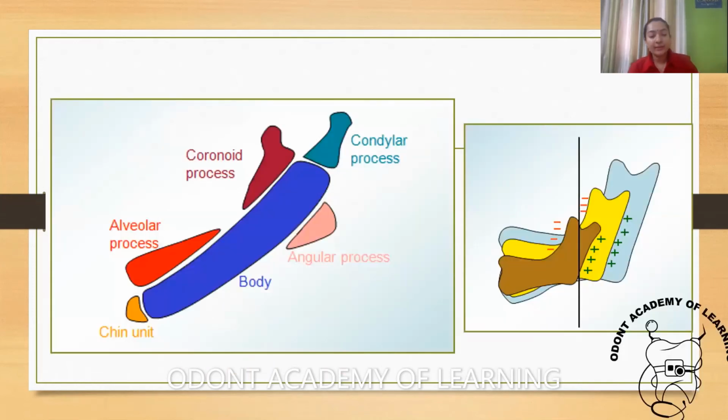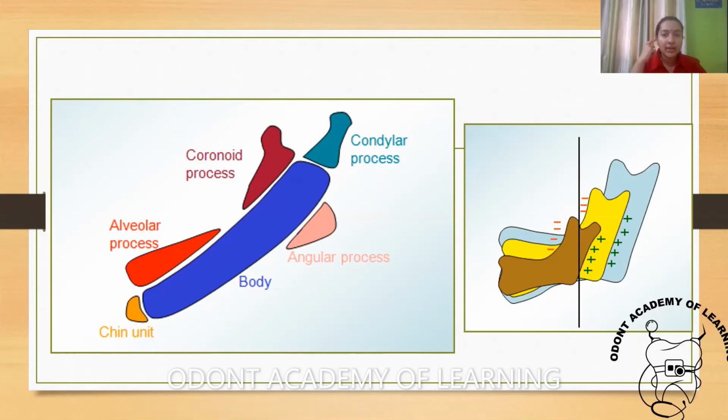Like we did the sites where growth occurs in the maxilla, similarly we have sites where growth occurs in the mandible. Like in the functional matrix theory, we have major and minor components: a skeletal unit, a macroskeletal unit, and a microskeletal unit. If we consider the mandible as a macroskeletal unit, then there are microskeletal units present there.